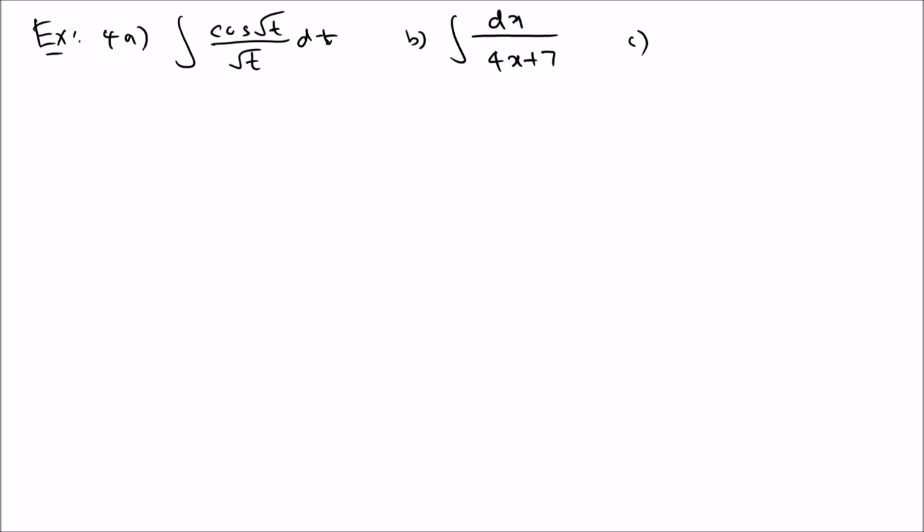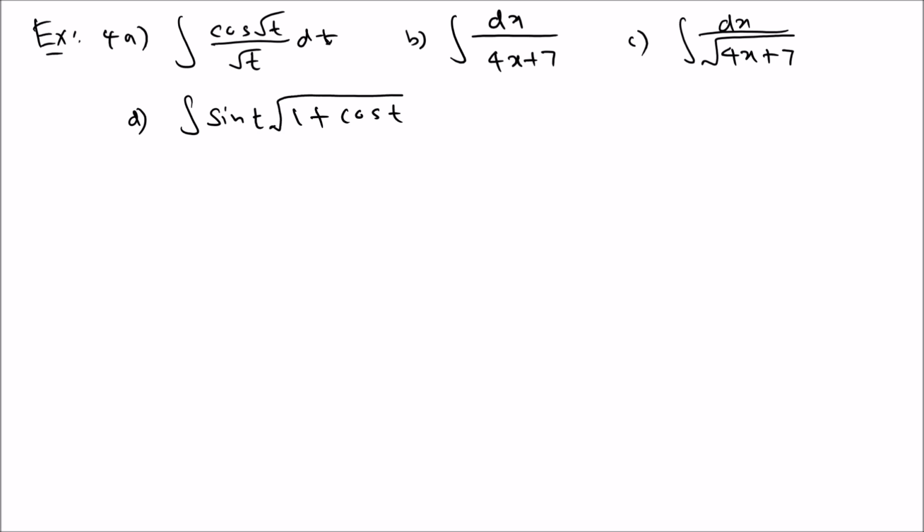C: dx over the square root of 4x plus 7. And D: sine t times the square root of 1 plus cosine t, dt. Then E: cosine theta over 1 minus sine theta. I think we did one of these problems in the quiz.